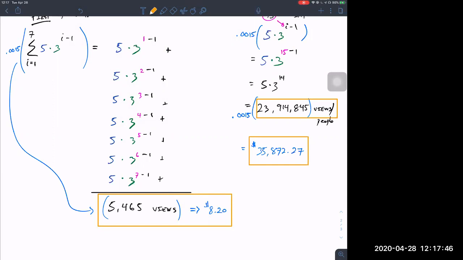Whereas on the 15th day here, you made a whopping 35K. And that's insane. It's almost 36K, because that's only day 15. That does not include day 14, 13, 12, 11, 10, 9, 8, or the previous $8.20, or the fact of adding them all together. So it's quite remarkable.